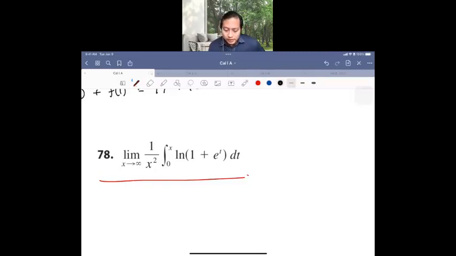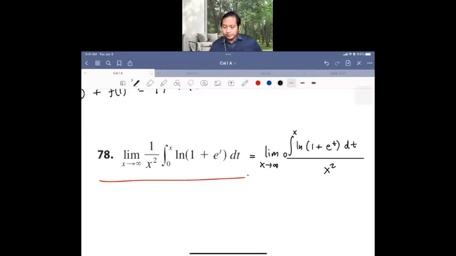Before trying something on this limit, we can rewrite this in a clearer way and clearly show the numerator and the denominator.